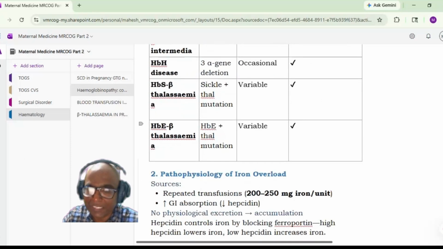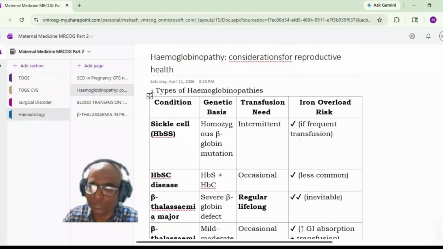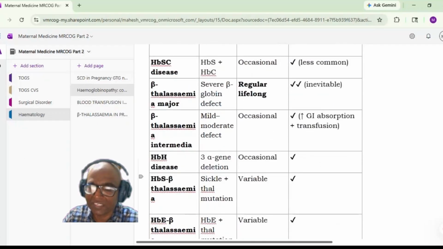Last one is HbE beta thalassemia. Here also it is a heterozygous condition. That means there is HbE plus a thal mutation. The transfusion requirement is variable here. Again, the iron overload risk is there, but it will be less than beta thalassemia major. So whatever is given to you, just see whether it is a homozygous or a heterozygous condition.